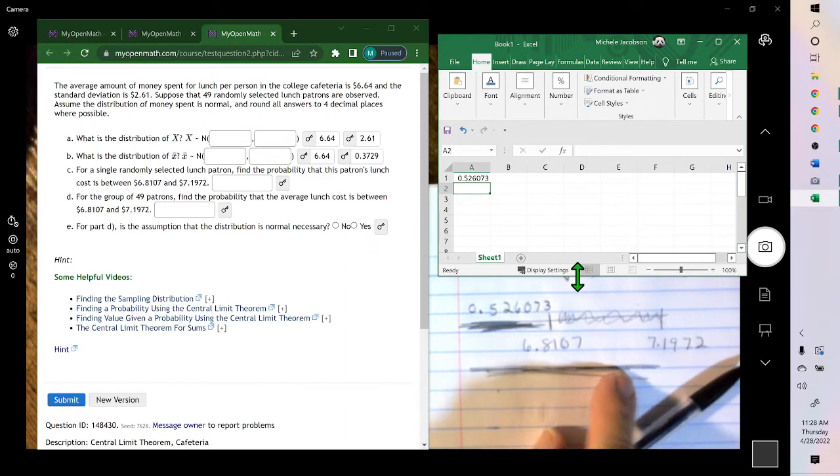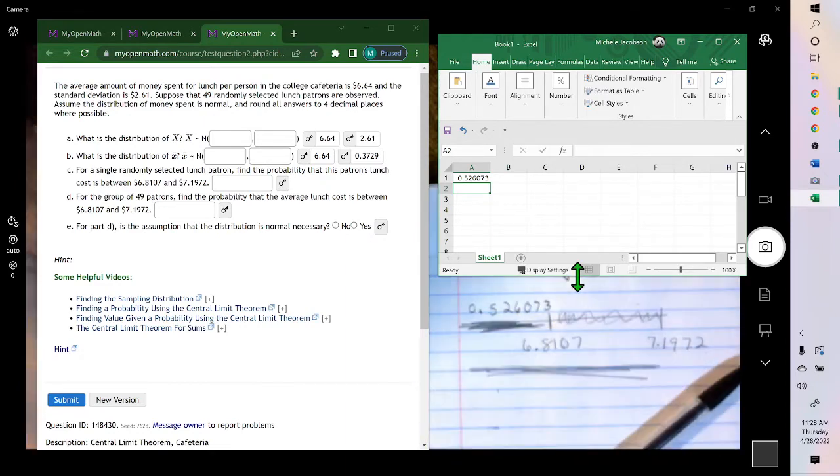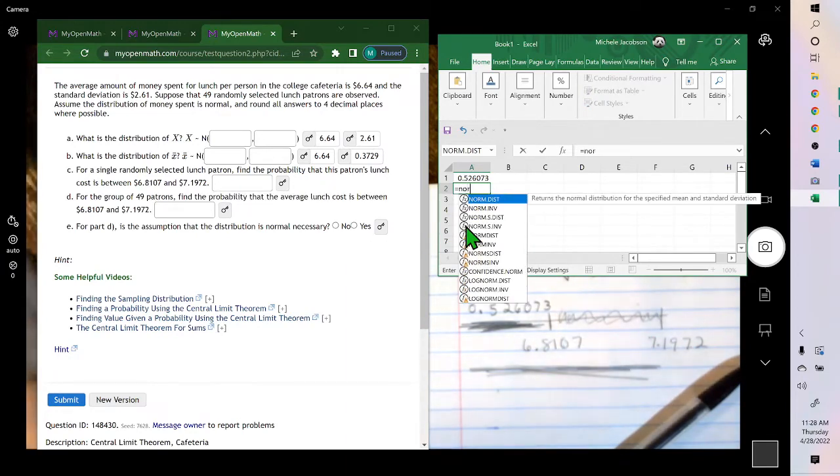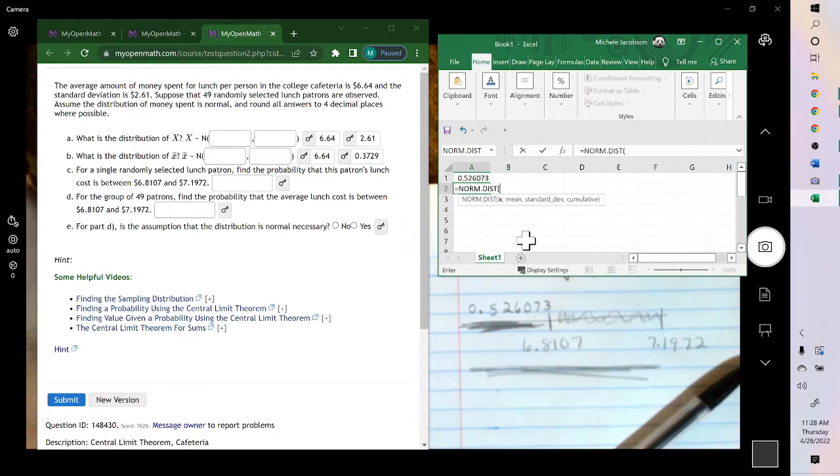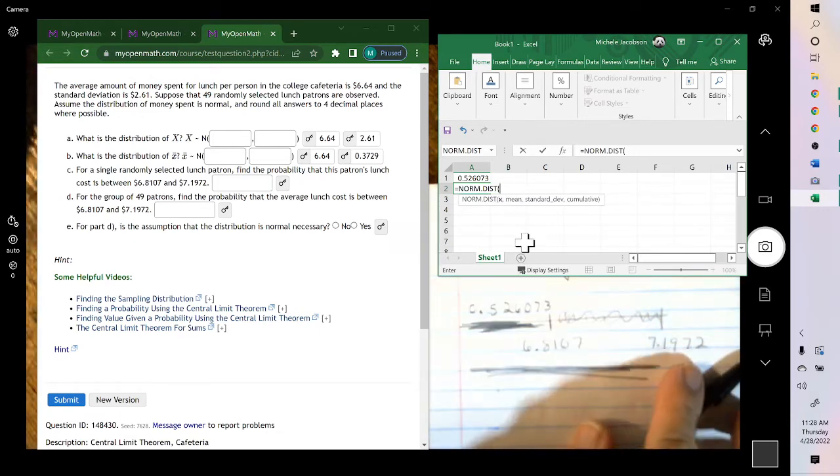Now we want the same thing, but we want to put this value in. Equals norm distribution. And then we put our x value. This time we use this one.